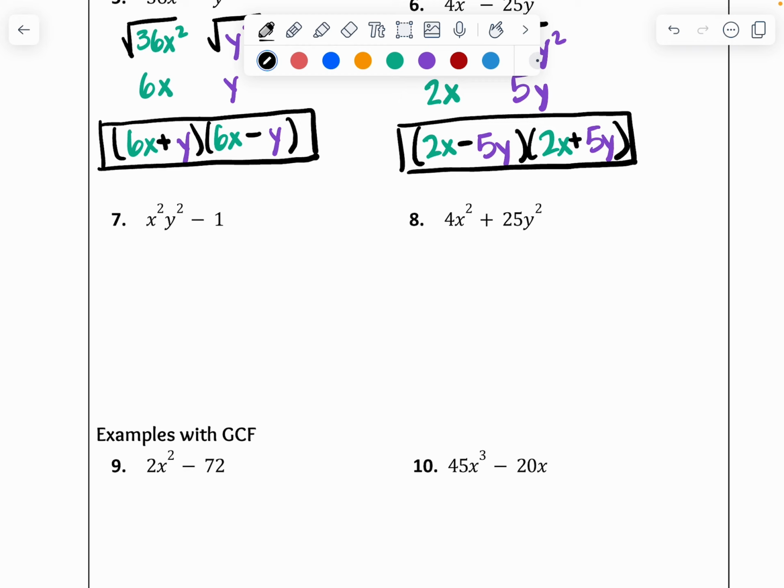Okay, number 7. The square root of x squared y squared, that'll just be xy. And the square root of 1 is 1.